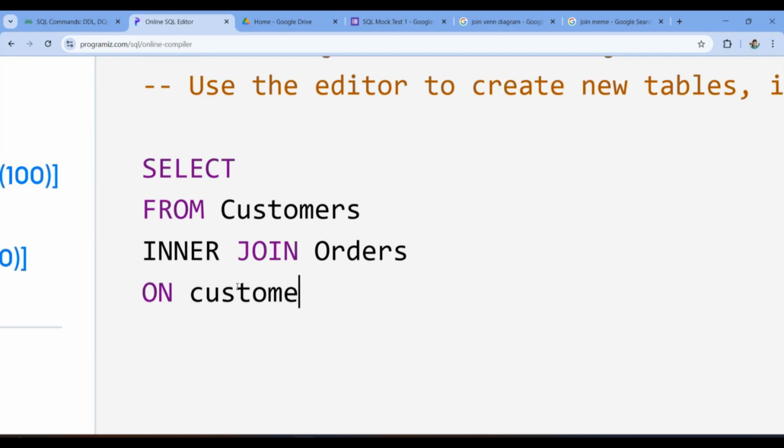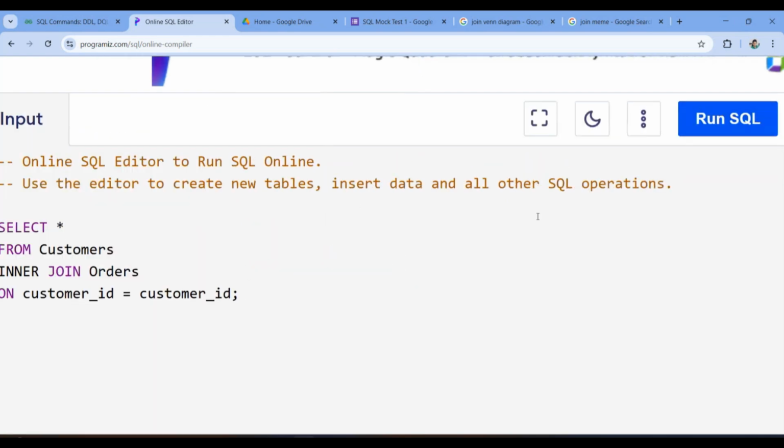I'll be writing customer ID equal to customer ID. And let's say I'll say star in here, right? Now, usually this part will run fine, but in this case, if I try to run it, what will happen?